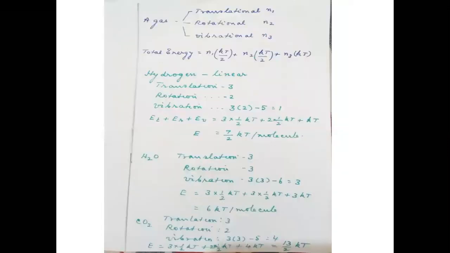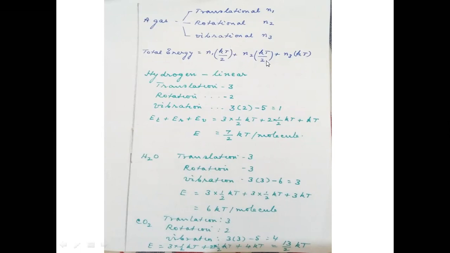Now look here, suppose I am taking a gas that has N1 translational degrees of freedom, N2 rotational degrees of freedom, and N3 vibrational degrees of freedom. What will be the total energy of the system? N1 into half kT, this is for the translational energy.